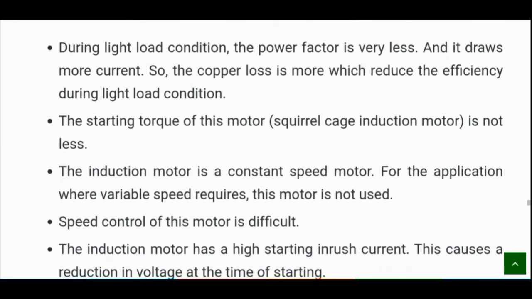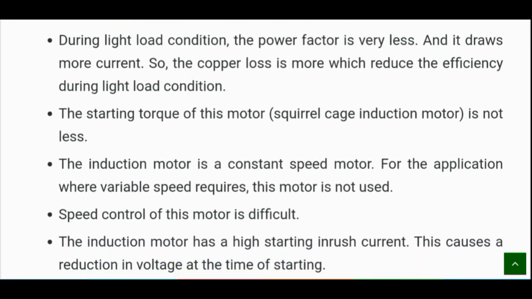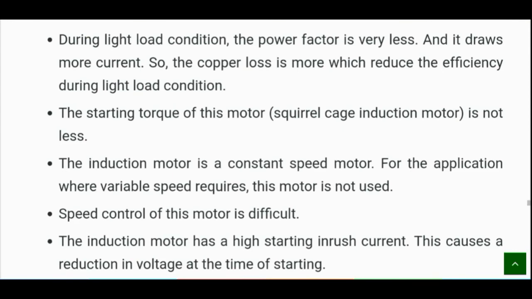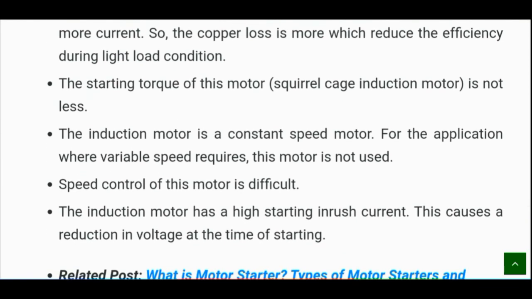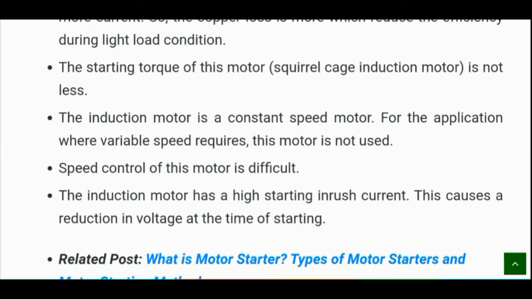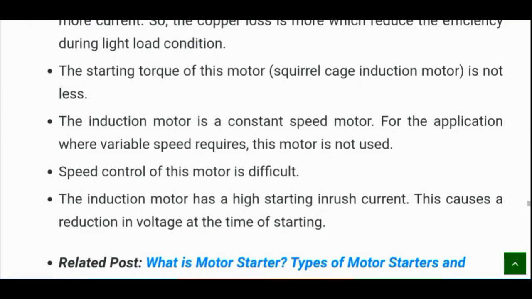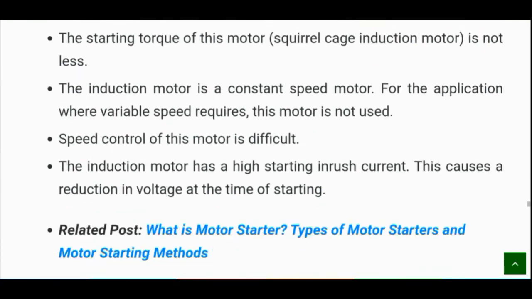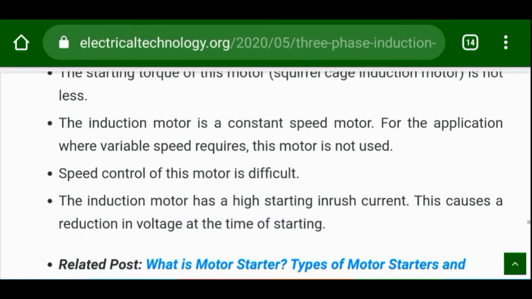The induction motor is a constant speed motor, so for applications where variable speed is required, the motor is not used. Speed control of this motor is difficult. The induction motor has a high starting inrush current. This causes a reduction in voltage at the time of starting.